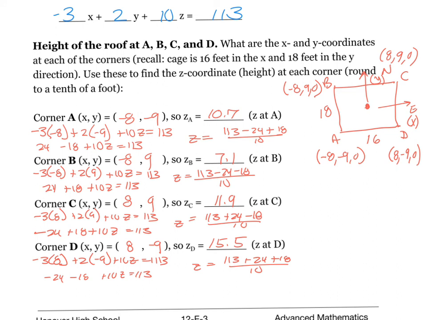So these numbers kind of make sense: at the front of the cage at point D, it's really wicked high. It's kind of medium high at C and A, the two corners adjacent to D. And then in the far back of the cage, the B height is 7.1 feet. And that kind of makes sense.